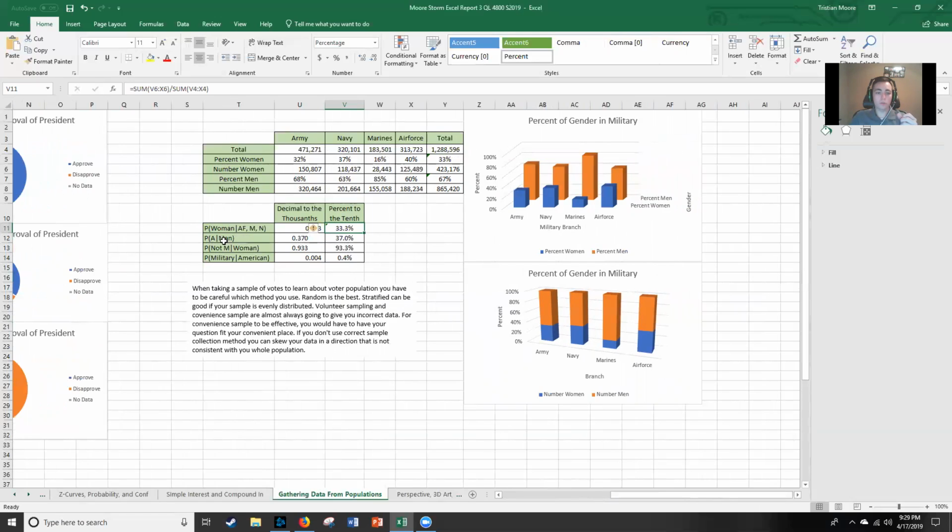Army recruits or Army totals that were not men. The amount of military Americans by population. And so we just took our data and created a couple charts based on that.